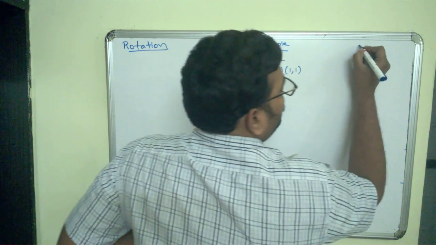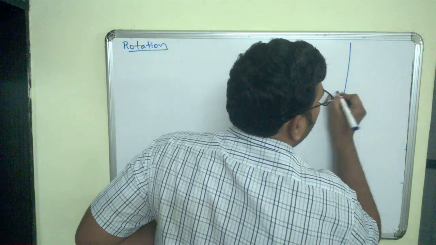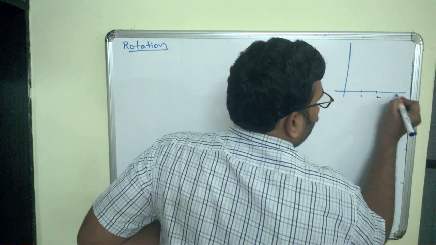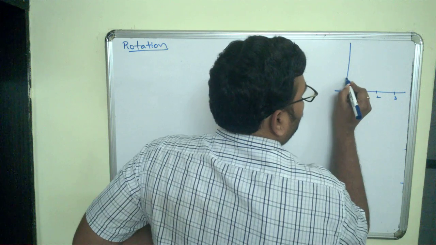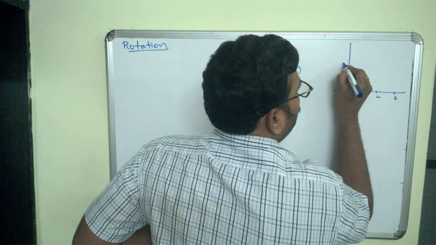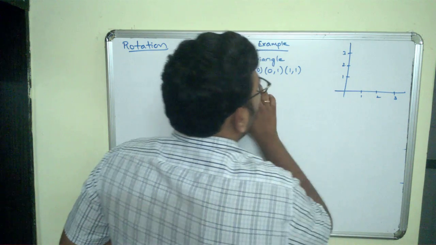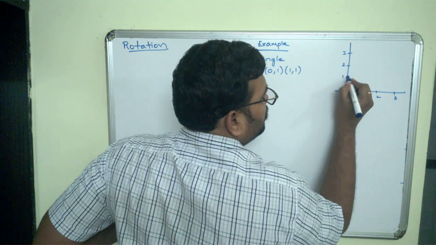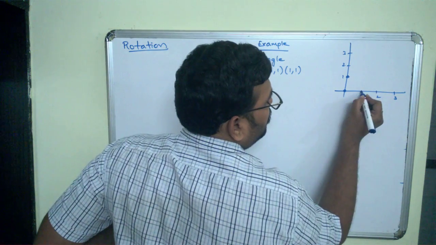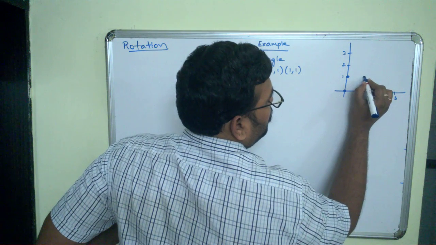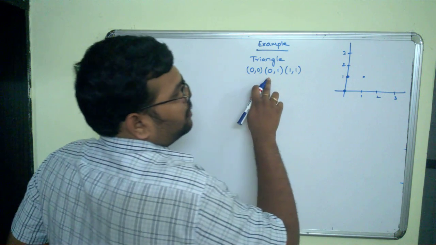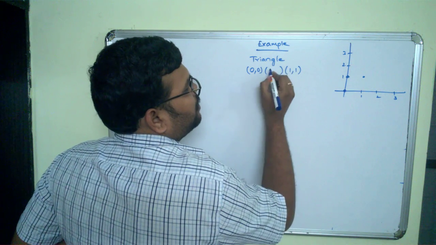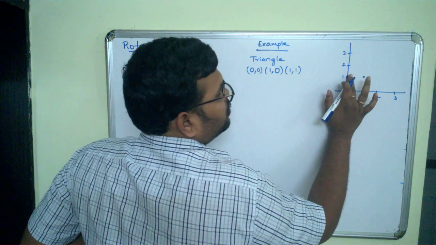First, let us draw the graph before rotation. 1, 2, 3, 1, 2, 3. So 0, 0, this one. 0, 1, this one. 1, 1, this one. Sorry, let us take 1, 0.